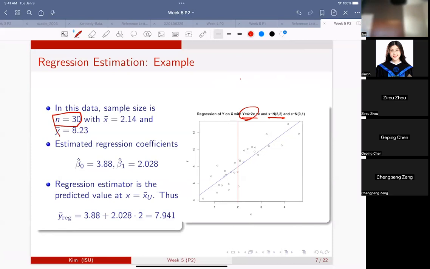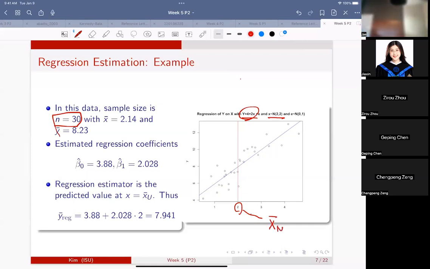And what would this red line mean? The red line here means the population mean of X. Well, actually, we don't have a finite population here.